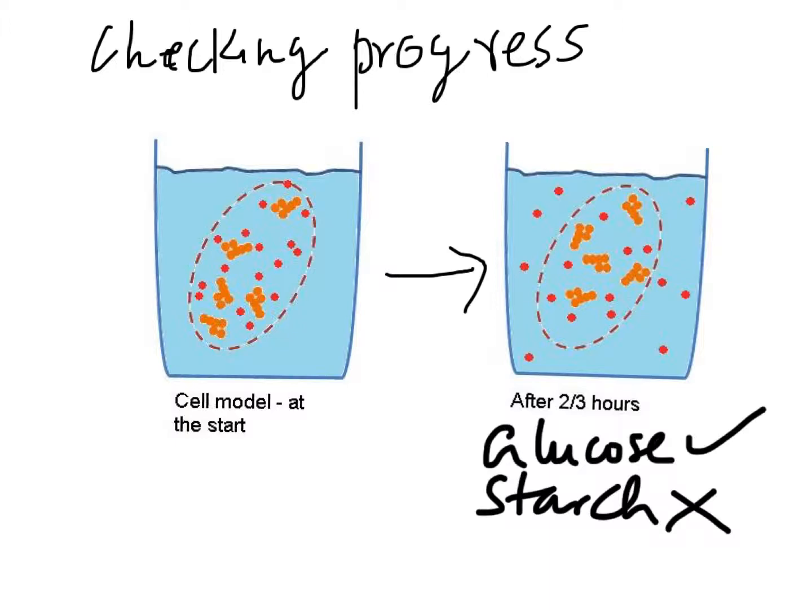This is true for many smaller molecules, such as oxygen and carbon dioxide, which are able to freely move in and out of the cell membrane, whereas bigger molecules such as starch and protein are not able to move out through the pores.